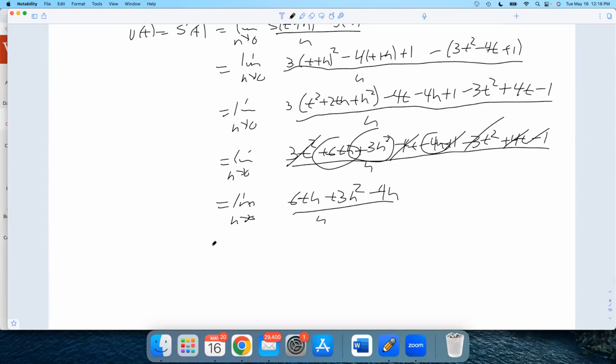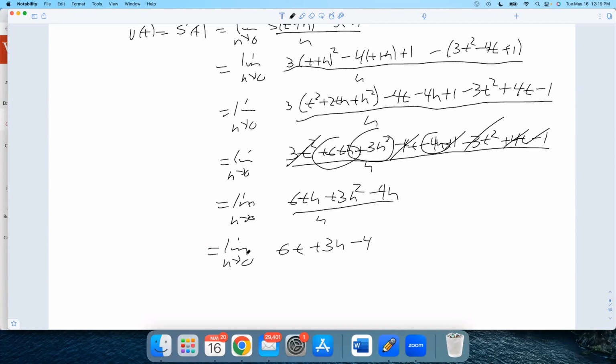And then I'm going to skip one of the steps here. Factor out the h and cancel, or you can just kind of cancel from each of them. You cannot do this. It doesn't just cancel one, it cancels one from each term. We get 6t plus 3h minus 4.